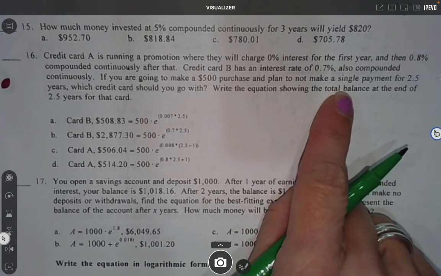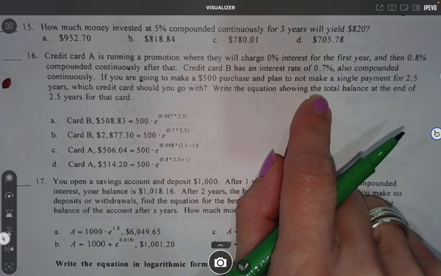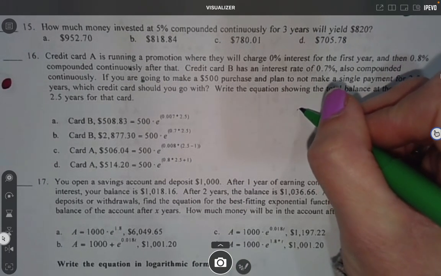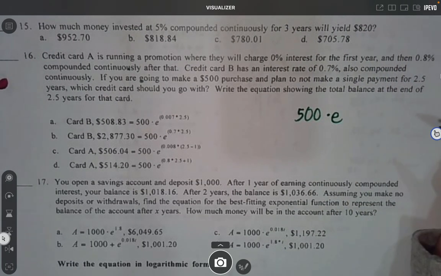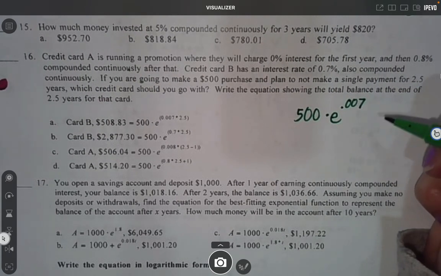What's your starting amount on card B? 500. So for card B, it's going to be 500 times e to the what? What's our rate on that one? 0.007, because it's 0.7%, times 2.5.